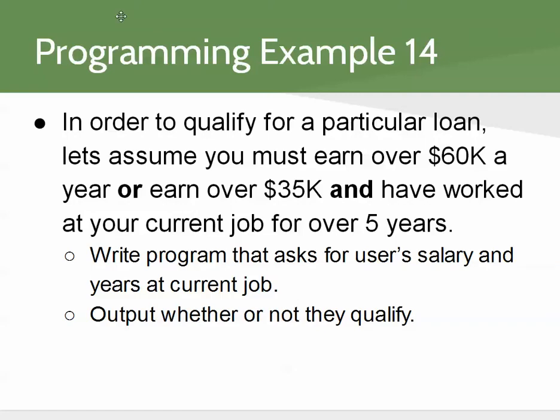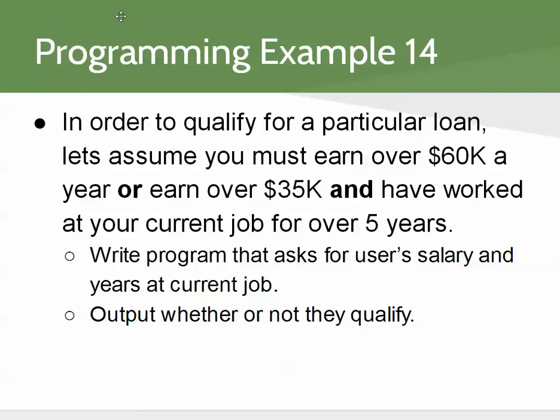So let's look at a more practical example. Let's say that we are writing a program to allow a user to qualify for a particular loan. So for programming example 14, we're going to write a decision engine, a very small set of decision rules as to whether or not you qualify for a particular loan, maybe a car loan.